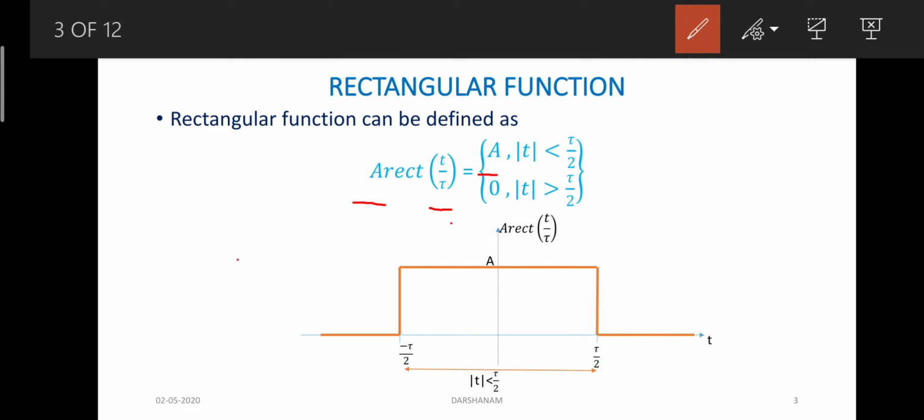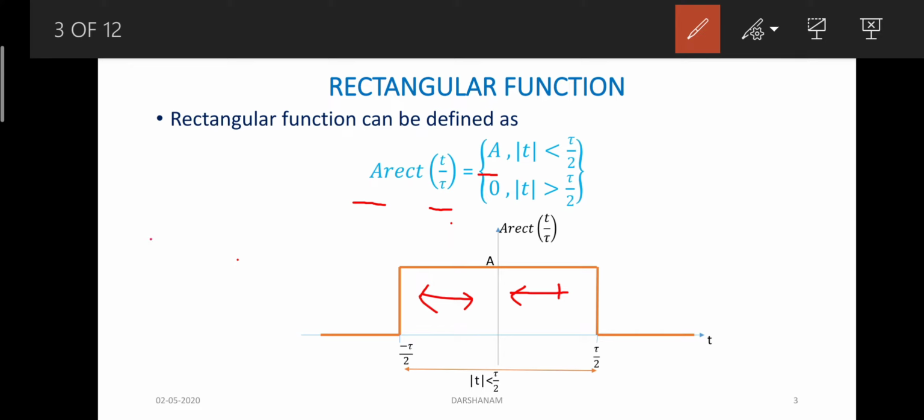The width is equally divided on both sides of the y-axis, as we can see here, in the left-hand side and the right-hand side. Since the function looks like a rectangular block, it is called the rectangular function or rectangular signal.